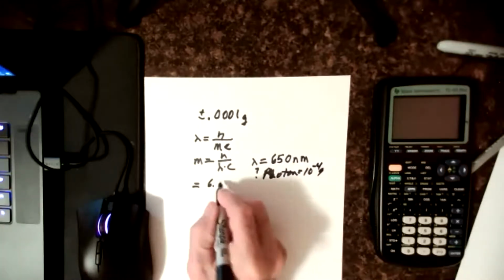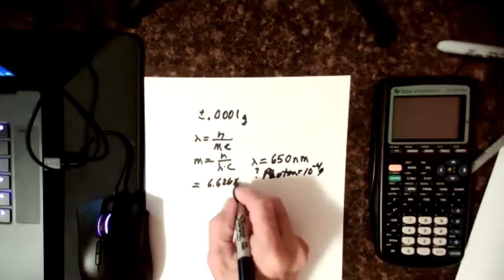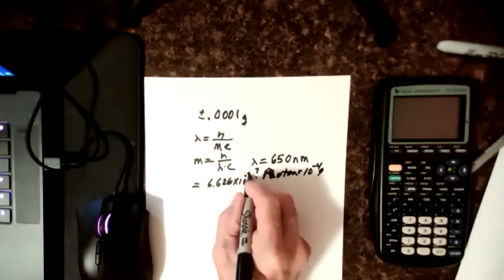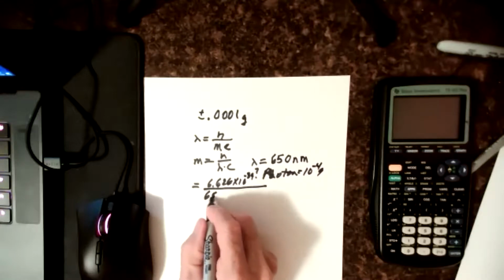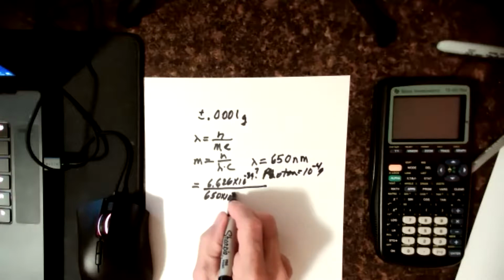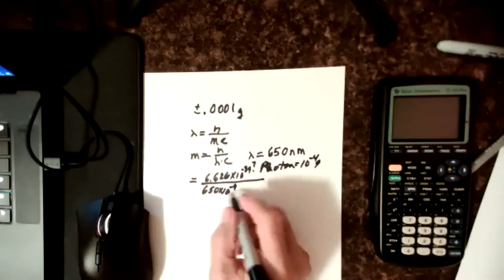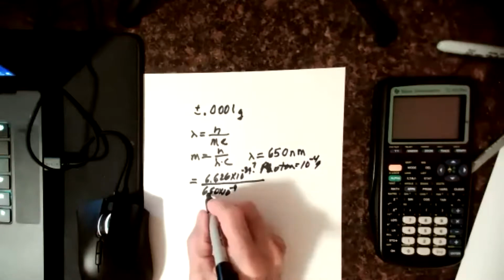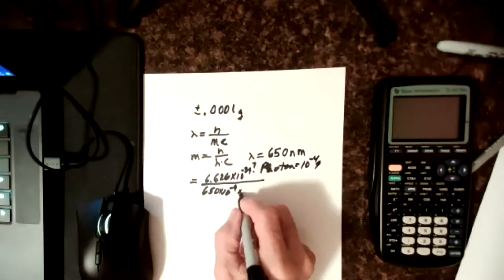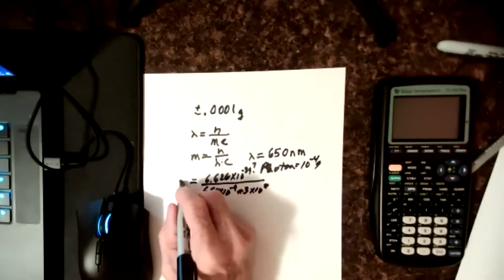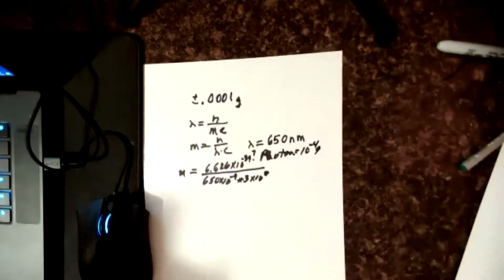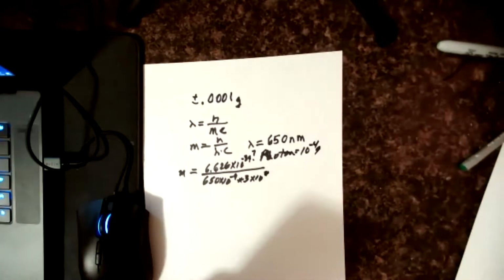h is 6.626 times 10 to the negative 34. The wavelength we want is 650 times 10 to the minus 9 meters, 650 nanometers. Speed of light, 3 times 10 to the 8th. And this is going to be mass. So again, let's put our numbers in. 6.626 with an exponent of negative 34.